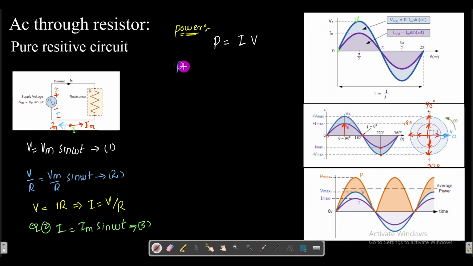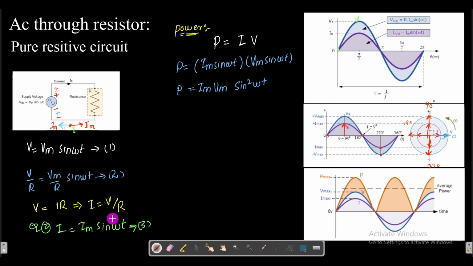So instead of this I will put Im sine omega t, and instead of this we will put Vm sine omega t. So this becomes Im Vm, and sine omega t times sine omega t becomes sine square omega t. This is the power.